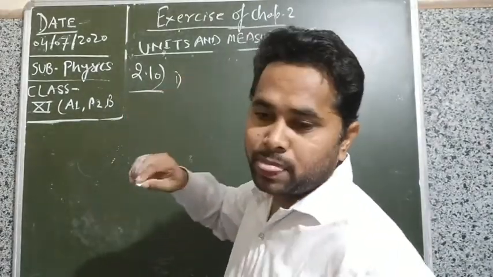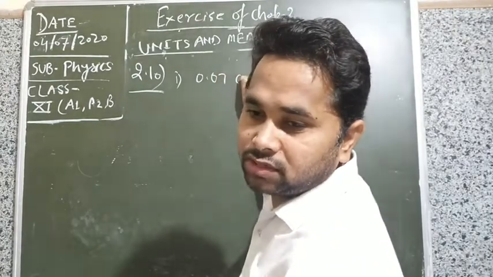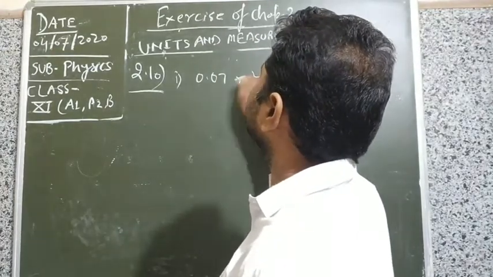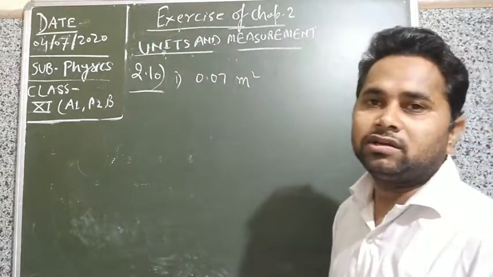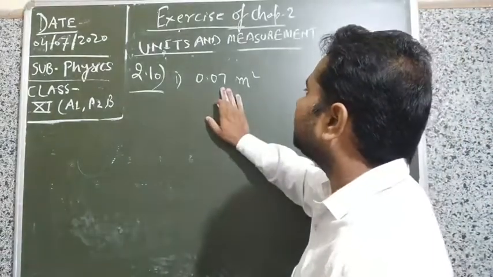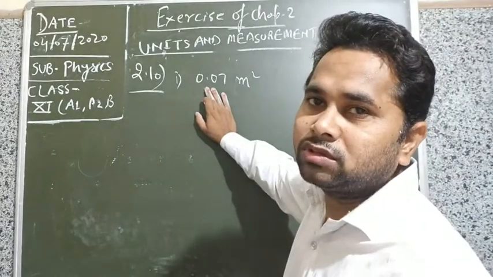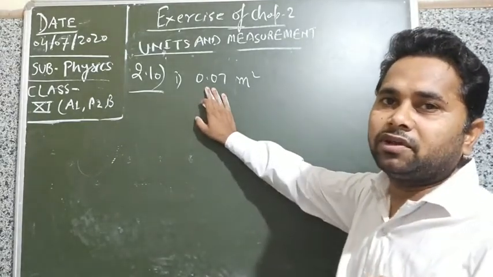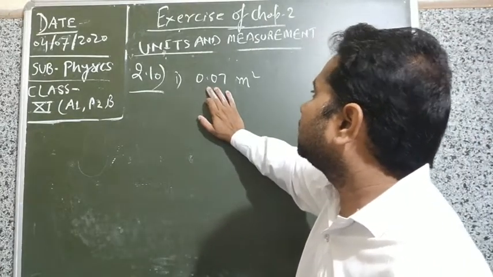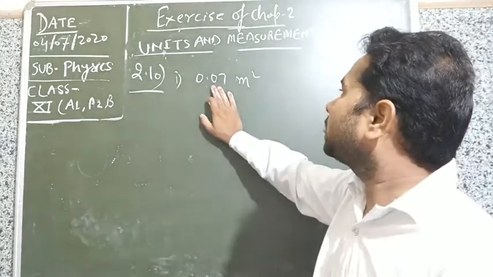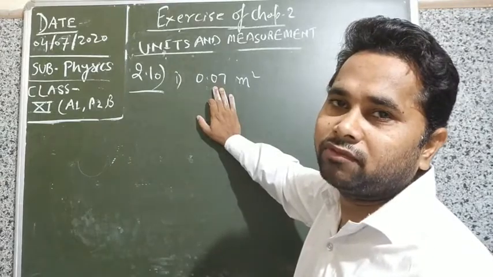So first is 0.07 meter square. We have to find the significant figures. We have discussed the rules of getting significant figures. If the number is less than 1, then the zeros before a non-zero digit are not counted as significant figures.